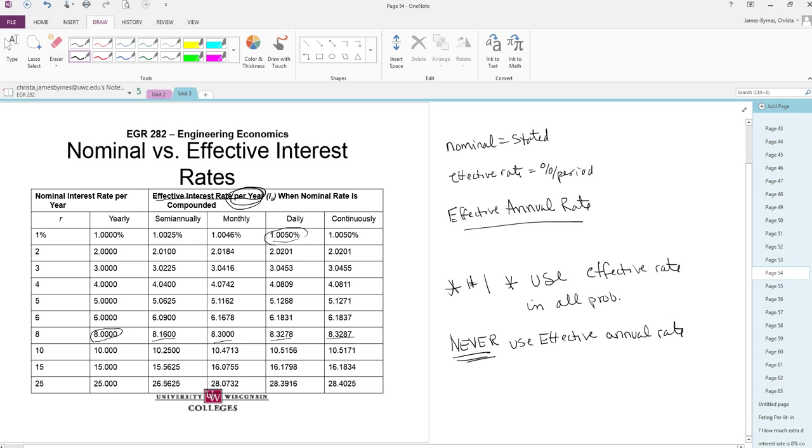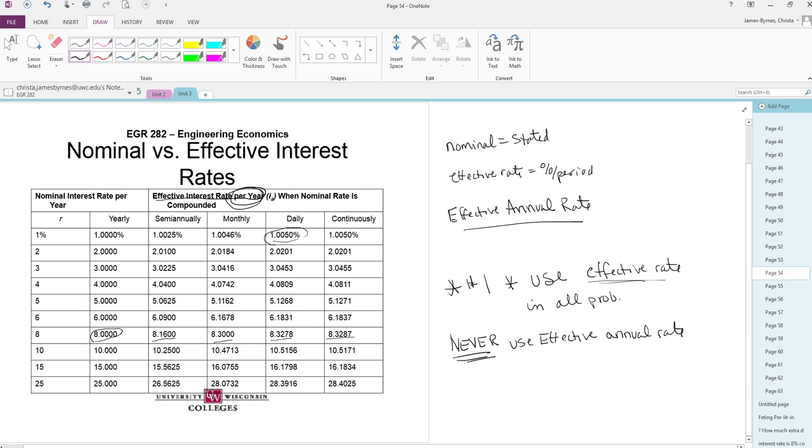Because we are paying the effective annual rate, but we're doing it via this method. That makes sense, right? We're paying this annually, but we pay 8% per month, 8% per day, whatever. So that we're paying that effective rate. But we're not paying that effective annual rate like every year. That's an important differentiation there.